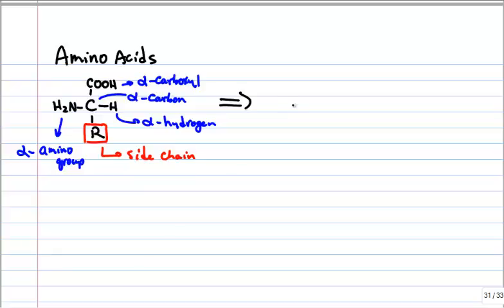So in water at pH 7 they're actually going to have this form, like that. And again, it depends on what the R group is, but let's just focus on the alpha amino and the alpha carboxyl group. This is at pH equals 7.